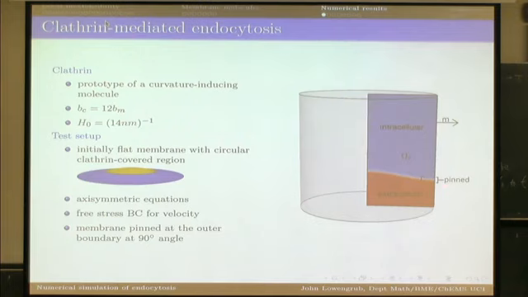But we're going to allow the interface to flow back and forth, so we're going to use a free stress condition. We're going to allow the interface to flow back and forth, thinking that there's some kind of reservoir far away that will allow the interface to increase its length if it needs to. And then we use some realistic parameters.